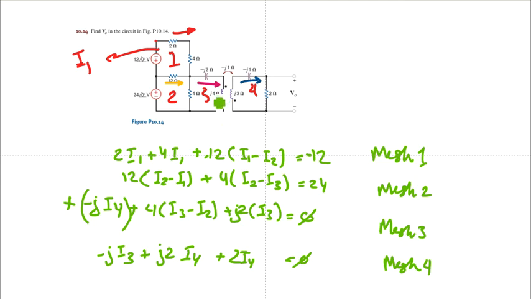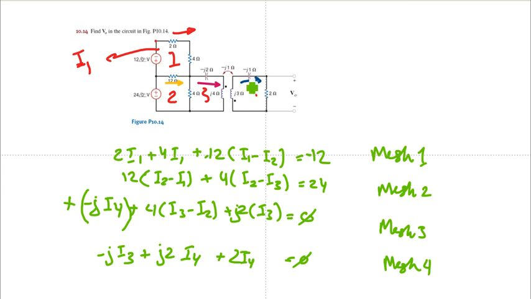And there's no voltage source here, so just put equal to 0. That's mesh 3. Mesh 4, we already know the direction, we're just pointing it out. So it's going to be minus j. Let's forget the coupling for now and do the imaginary component.